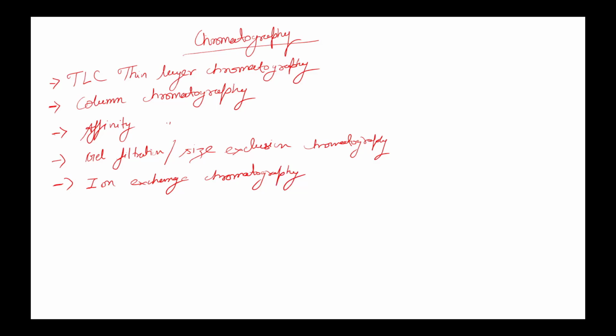The first, TLC, is adsorption based, where you can separate the biomolecules based on their adsorption on silica. There we have a thin layer of glass coated with silica, which is polar in nature.